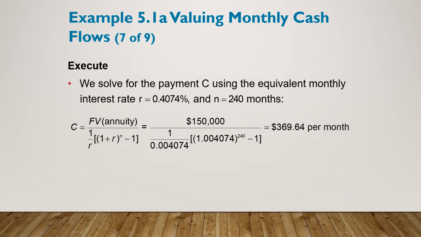We solve for the payment C using the equivalent monthly interest rate R equal to 0.4074% and N equal to 240 months.